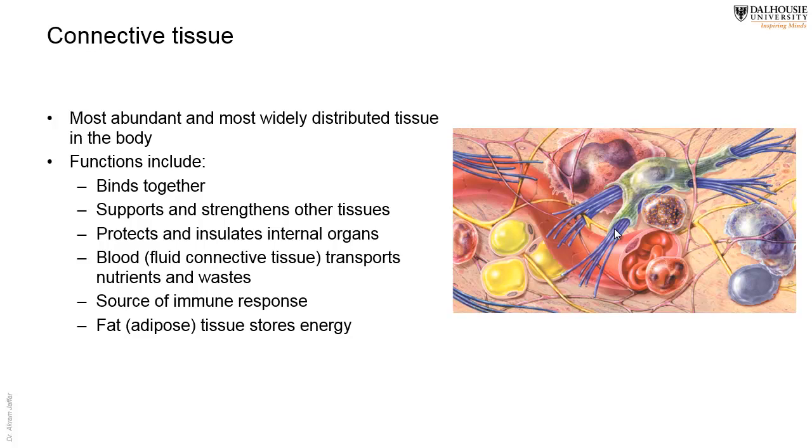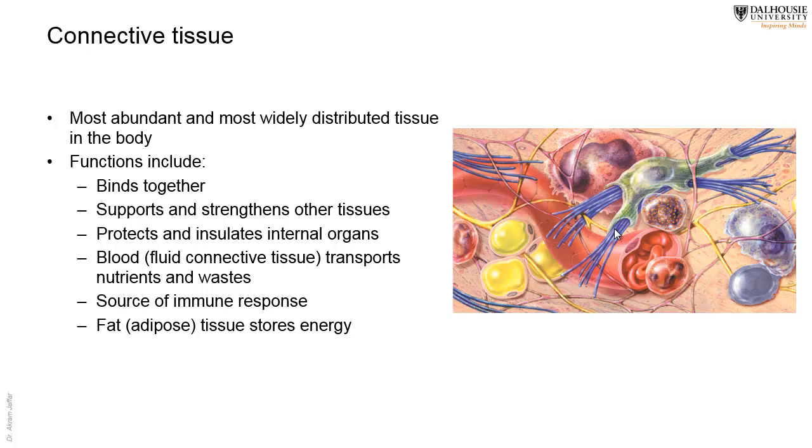So you will find that many of the internal organs in the body are surrounded by connective tissue, like an envelope of connective tissue separating it from other structures. Some organs are protected by connective tissue, like fatty tissue, for example, which surrounds the heart and surrounds the kidney. So it protects and insulates internal organs.